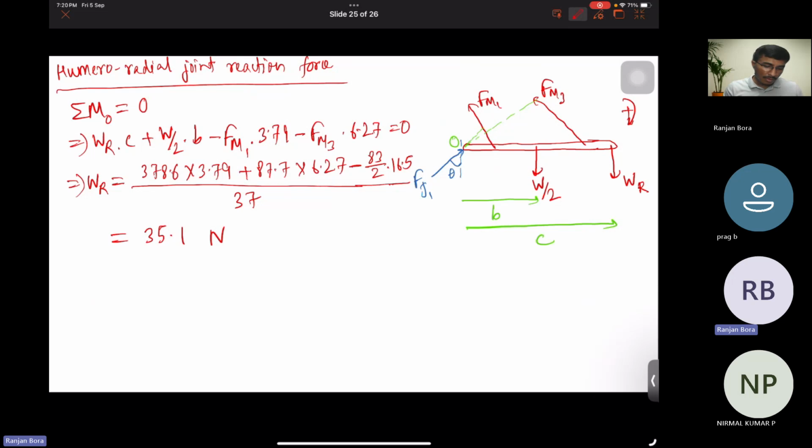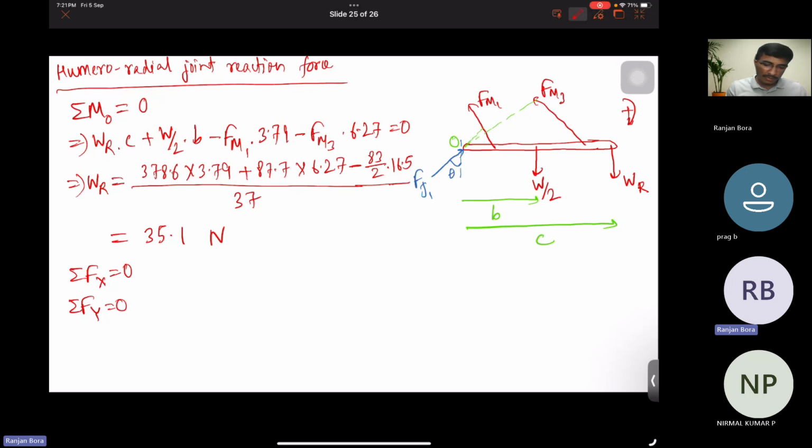So we have got WR now. Now we need to find this reaction force FJ1. How will we find it? Now we need to use the force equilibrium equations: summation Fx is 0 and summation Fy is 0.